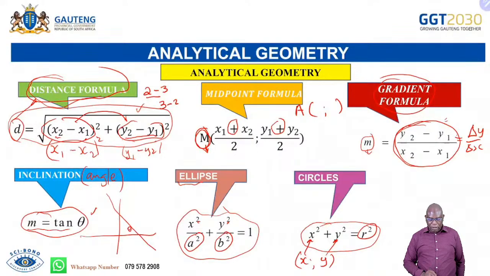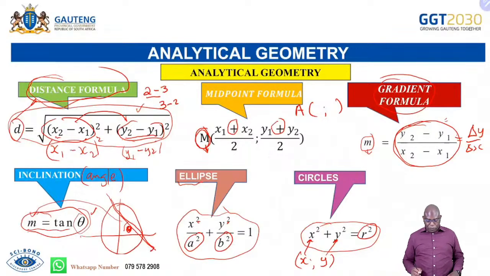So if I've got a theta here and I've got a line, and I draw a circle like that, and I need that angle here, what do I do first? I must get the gradient of that line. Once I get the gradient, I'm going to input my gradient in here for me to get the angle theta. So remember, it's shift tan of that gradient to get the value.